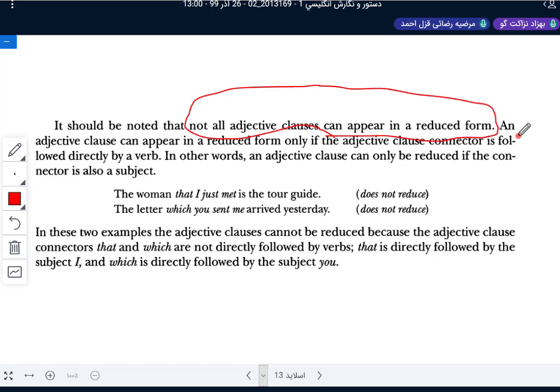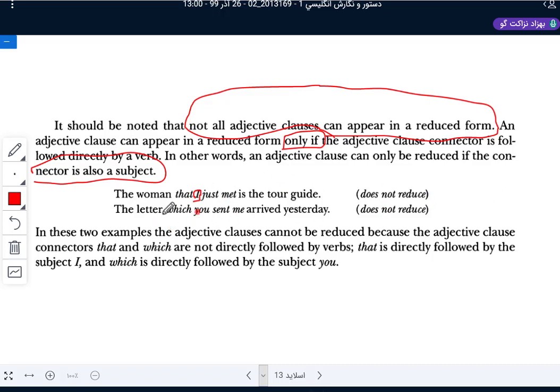An adjective clause can appear in a reduced form only if the adjective clause connector is followed directly by a verb. In other words, an adjective clause can only be reduced if the connector is also the subject. This is the condition. The connector and the subject are the same. As you see, the woman that I just met, here I have the subject, so I cannot reduce it.